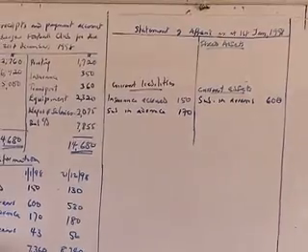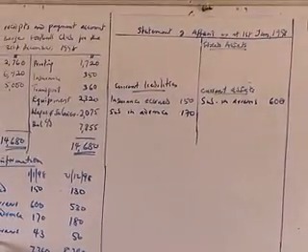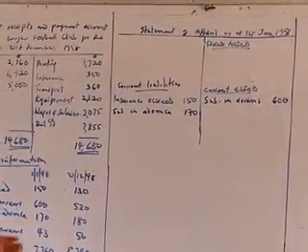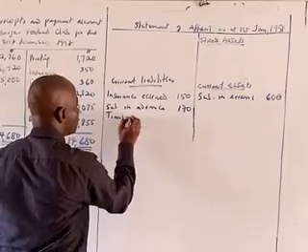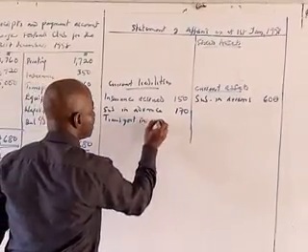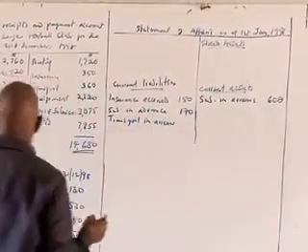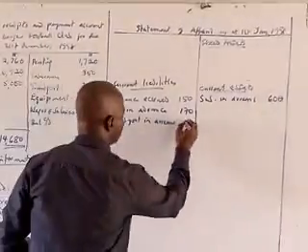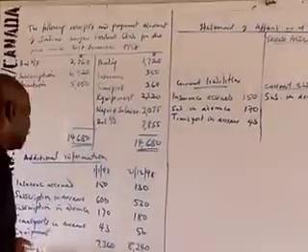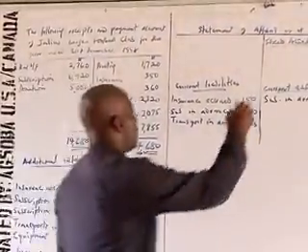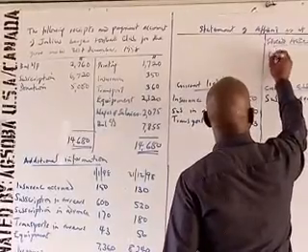So we have our transport in arrears. Transport in arrears, that's talking about expenses. It will be on this side. Transport in arrears. And what value is given for the transport? And we have what called what? Equipment. Equipment is a fixed asset. We have our equipment on this side.